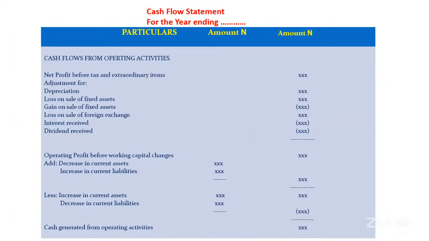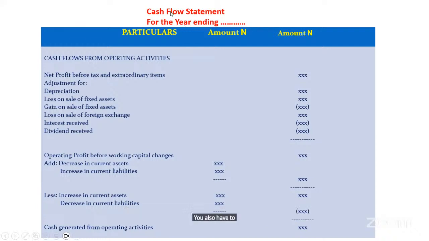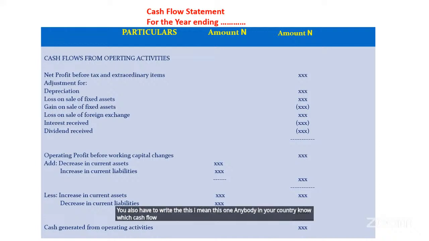Now, this is a comprehensive format of the cash flow statement, or statement of cash flow. Remember, I said the name of the account must be up there. Let's say we have ABC Limited, the cash flow statement. Then for the year ended, you also have to write this, because anybody reading your cash flow statement needs to know which particular period of time it is for.